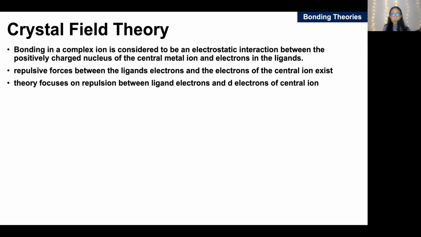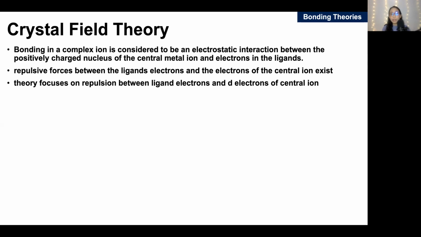However, of course, your central metal ion is not just a positively charged nucleus. Its positively charged nucleus is surrounded by electrons. So there will be repulsive forces between the electrons of the ligands and the electrons of your central metal ion.